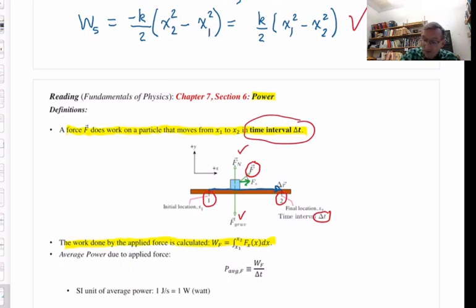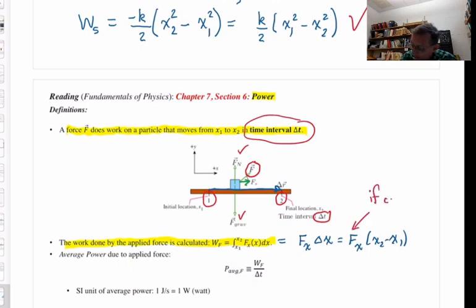If the x force is constant, this becomes F sub x times delta x, F sub x times x2 minus x1. But that's only if F sub x is constant. All right, so one way or another, we have to correctly calculate the work done by this applied force, W_F.